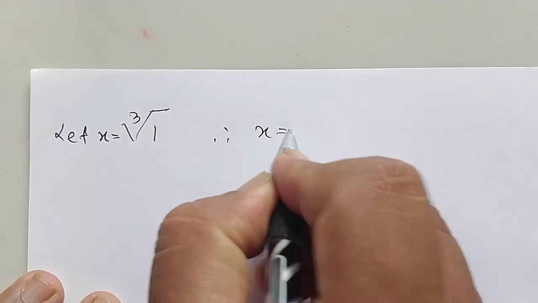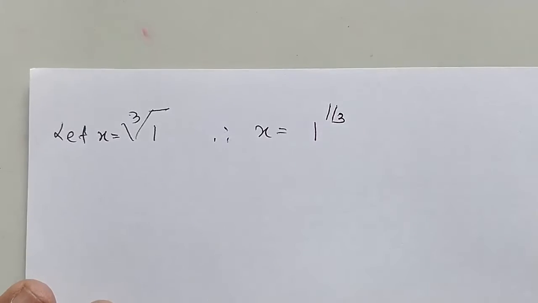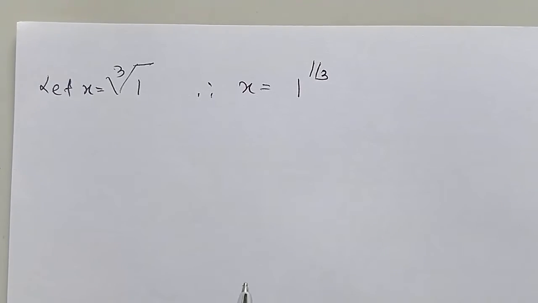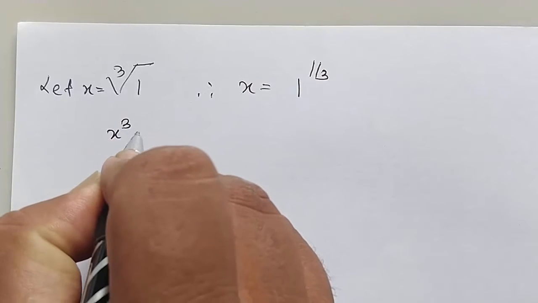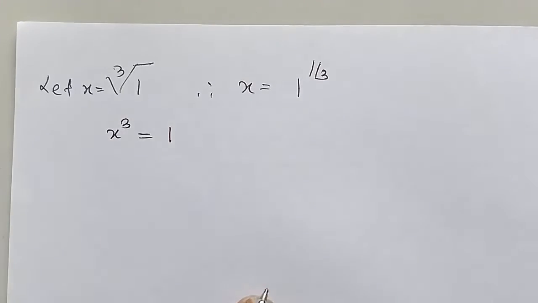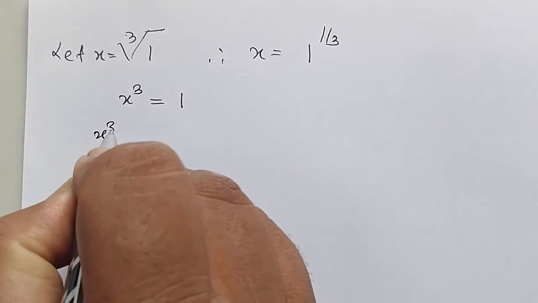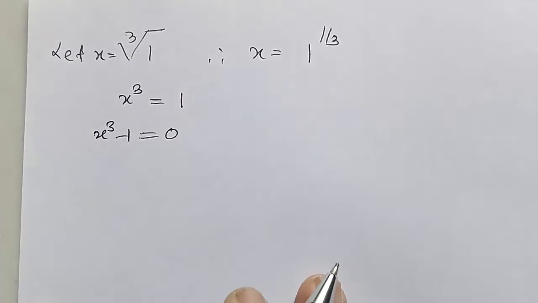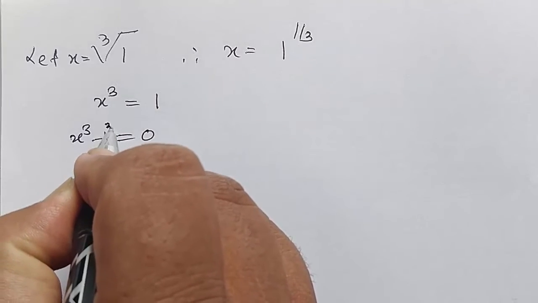Therefore, x is equal to 1 raised to 1 by 3. Raising both sides to the power 3, we get x cube is equal to 1. Taking 1 to the left hand side, x cube minus 1 is equal to 0. Here 1 means 1 raised to 3.